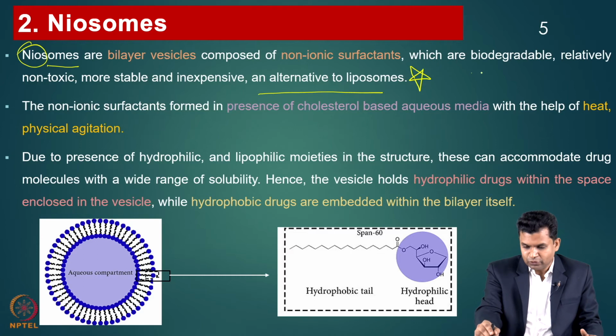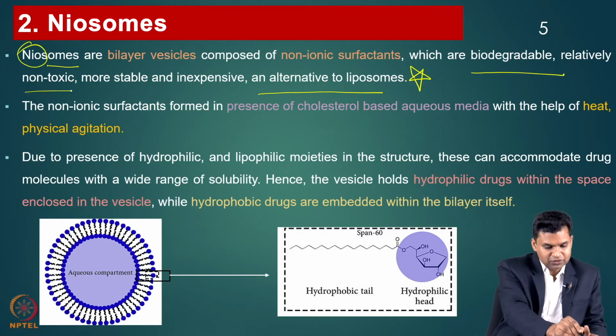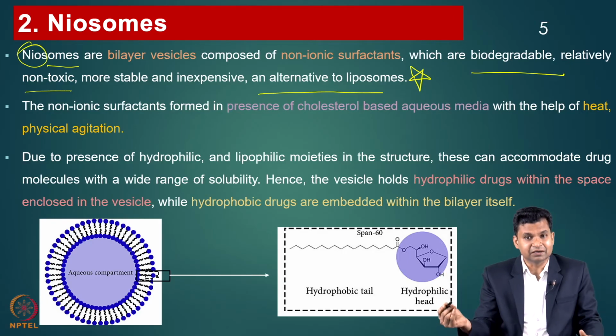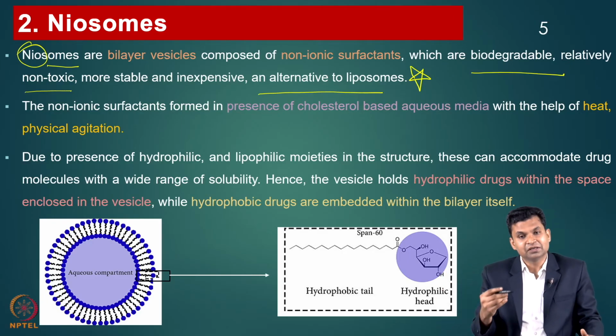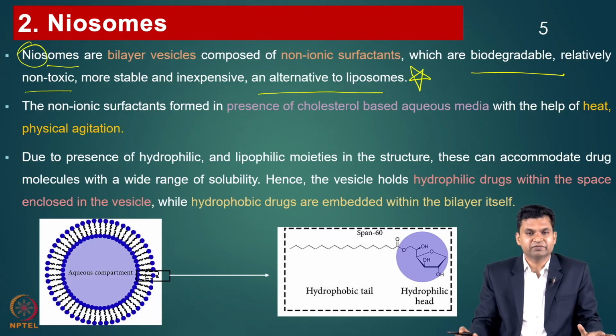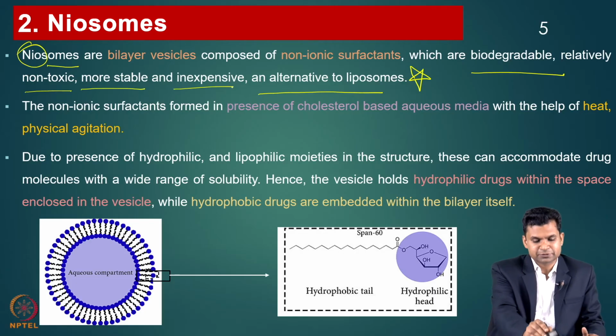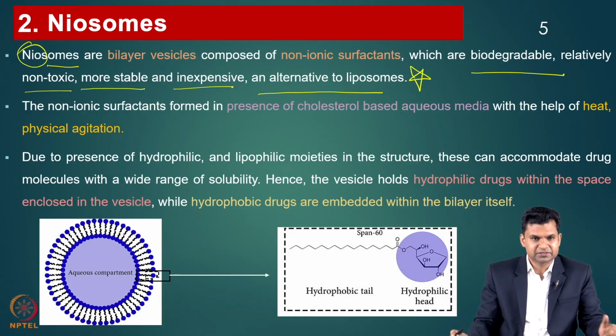They are biodegradable and non-toxic compared with cationic or anionic surfactants, because when you use ionic surfactants they may interact with the cell membranes and other cells, which leads to toxicity. They are more stable and inexpensive compared with the lipids.